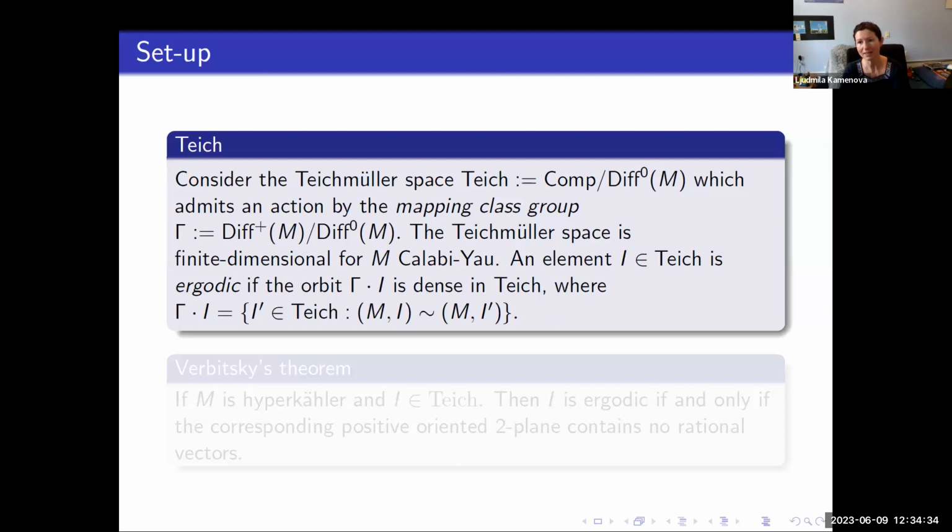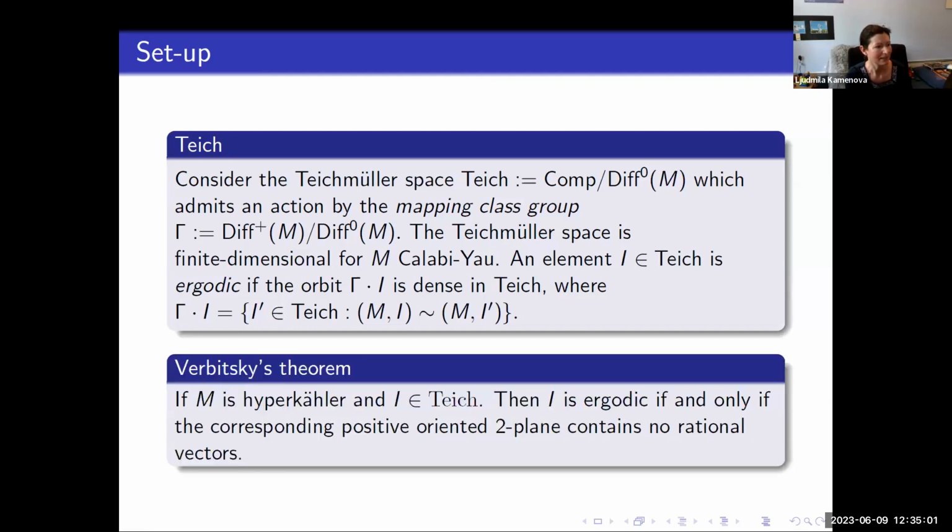For general Calabi-Yau, we just know that it is finite dimensional, but we don't have a complete understanding. So a complex structure in this moduli space is ergodic if its orbit of the mapping class group is dense in the Teichmüller space.